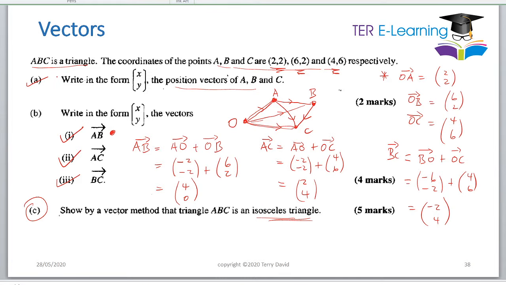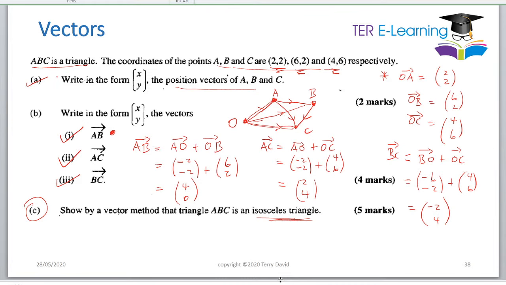How do we know if a triangle is isosceles? What is an isosceles triangle? Anybody, what is an isosceles triangle?